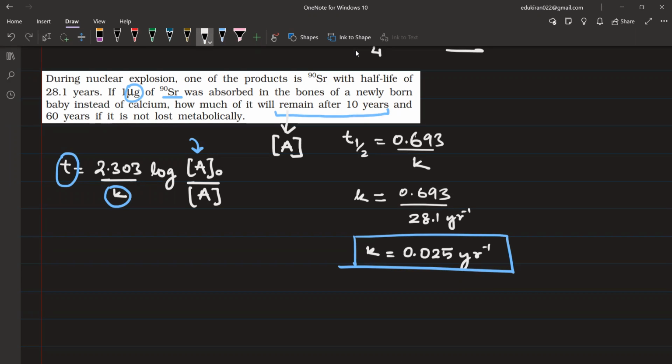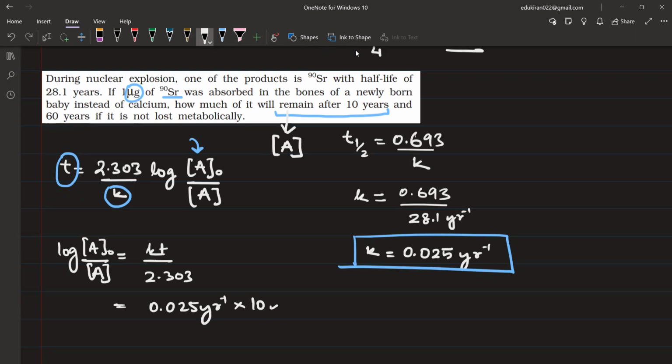So please write, we can write what? Log of A naught upon A is equal to K times t by 2.303, right? So the K is 0.025 year inverse into the time, which is 10 years, divided by 2.303.